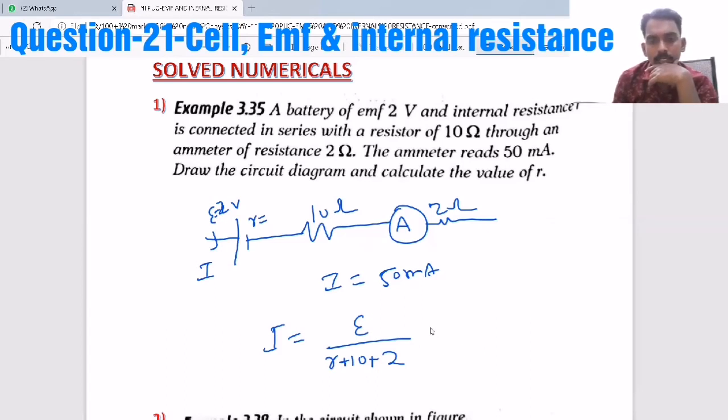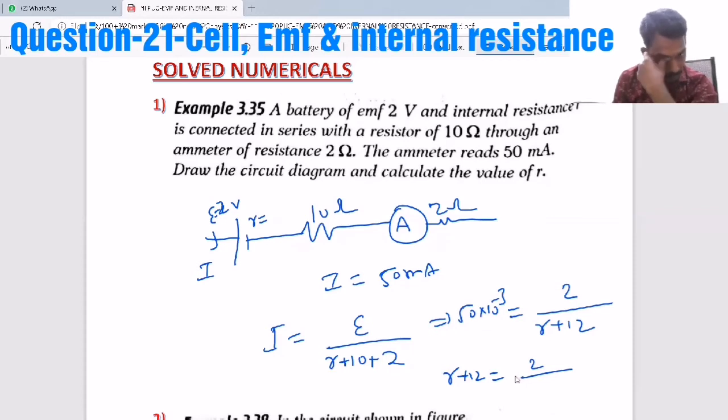The current value they have given as 50 milliampere, and epsilon is 2, so 2 by R plus 12. Now R plus 12 equals 2 by 0.05, that means 200 by 5, so 40. Then R will become 40 minus 12, that is 38.